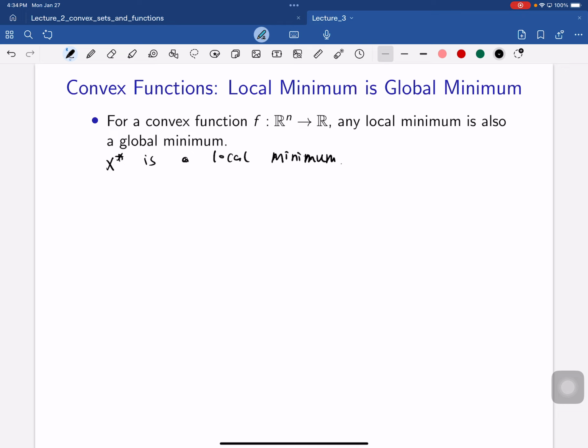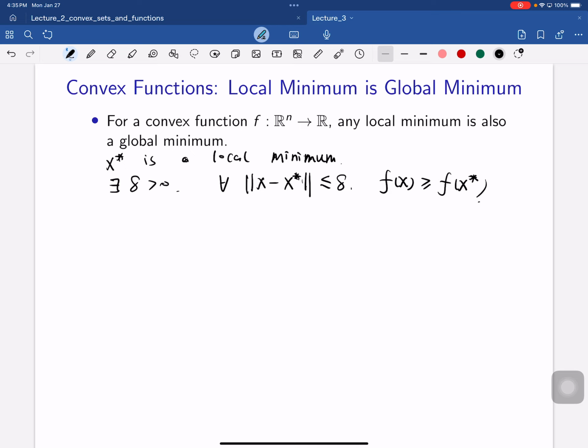If you remember in the previous lecture, we used this epsilon-delta way of describing the local minimum. That means if x star is a local minimum, there exists a delta greater than 0 such that for all the x that are close enough to x star, we have f of x greater than or equal to f of x star.